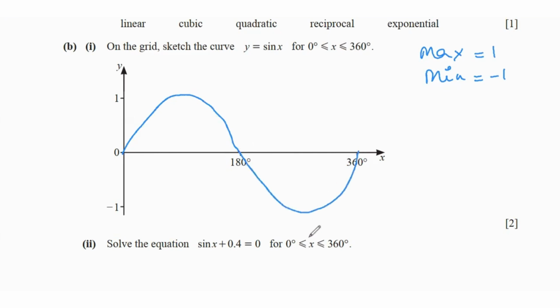It's very badly drawn, but you draw it neatly. There's going to be a maximum value at 1, a minimum value at -1, and the intersection with the x-axis is going to be at 0, 180, and 360. The minimum value is at 270 and the maximum value is at 90. This is your sine x graph.